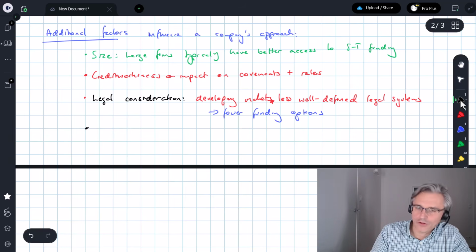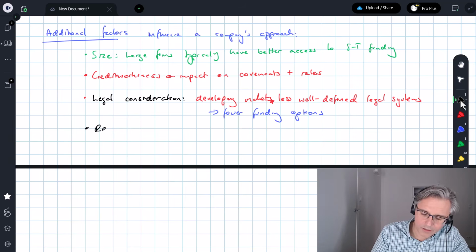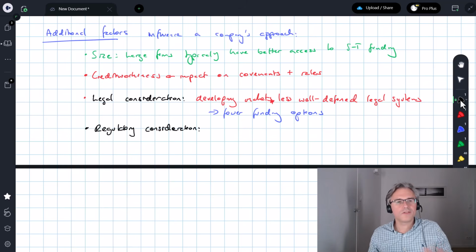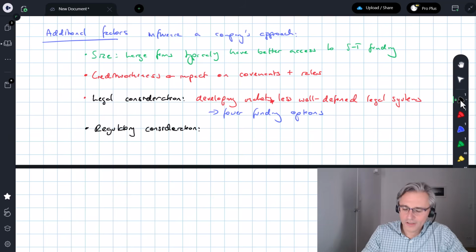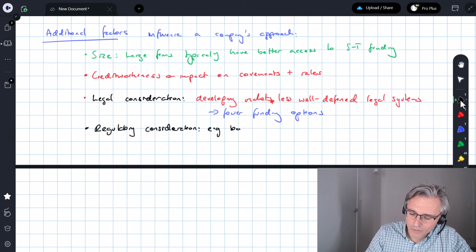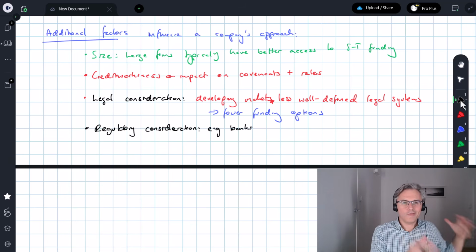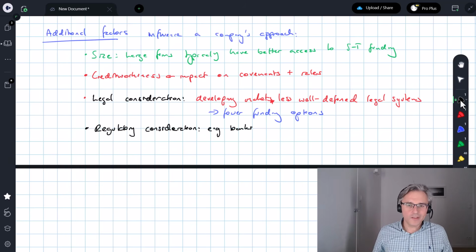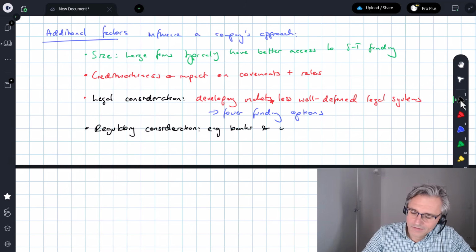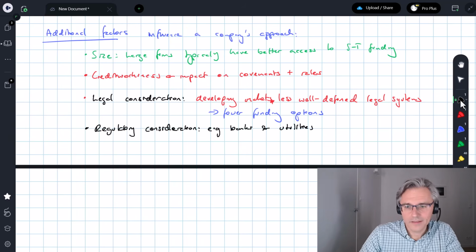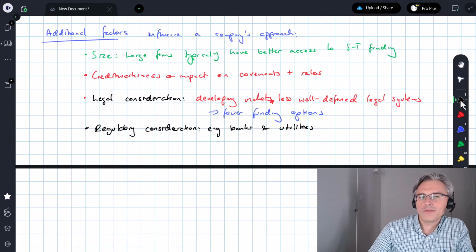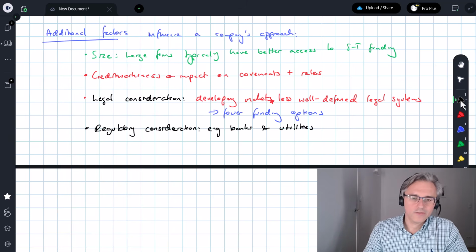Sometimes our choice of funding approach is driven by regulation, so regulatory considerations or limitations, and this is applicable to certain industries, e.g. banks are quite regulated both on how they invest but also how they are funded, and your book always in this case mentions utilities, that they are restricted in terms of what type of borrowing they take on.